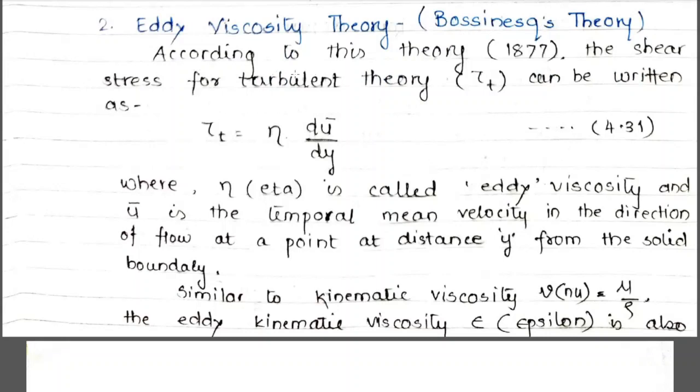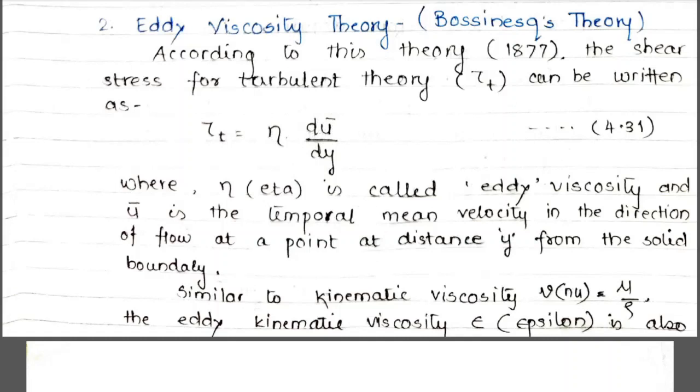According to this theory, the shear stress for the turbulent flow, that is tau t, can be written as eta into du bar by dy, where eta is called the eddy viscosity and u bar is the temporal mean velocity in the direction of flow at a point at a distance y from the solid boundary. So as per the Boussinesq theory, or eddy viscosity theory, this shear stress can be expressed as eta into du bar by dy.